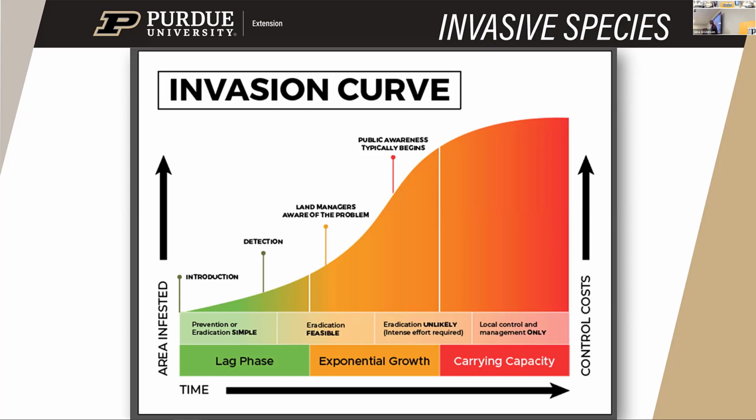So here's where we can see that once we go to red and we hit the carrying capacity, we're up to local control and management. So we're better off if we can hit that green phase, but more than likely we'll never catch it in the green phase.